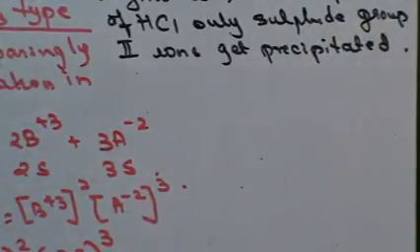The group 3 ions are not precipitated. This is because only group 2 ions will get precipitated. The sulfides of group 3 will not get precipitated because the solubility product of sulfides of group 2 is less than the solubility product of sulfides of group 3.